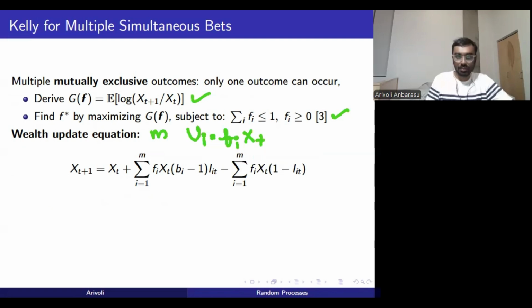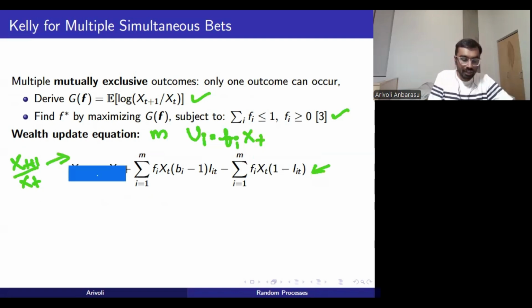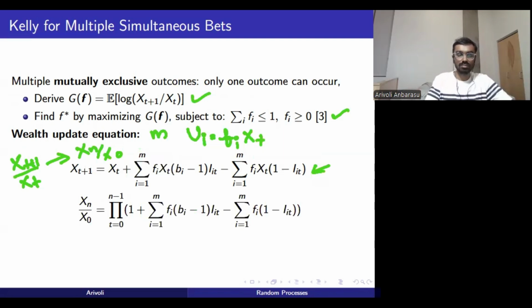Now that we have the wealth update equation as shown here, taking xt common and finding x(t+1) by xt, we can then find xn by x naught. To use the strong law, we take the log and use the logic flow that we have seen in the case of the single bet.